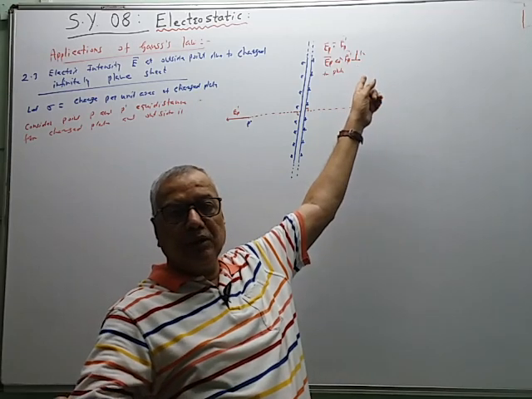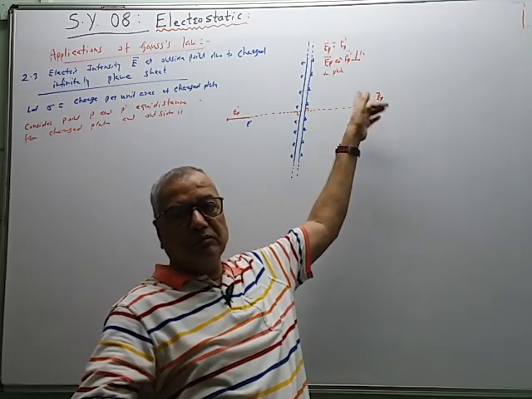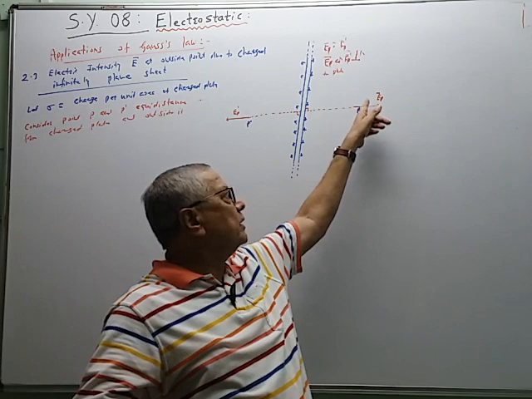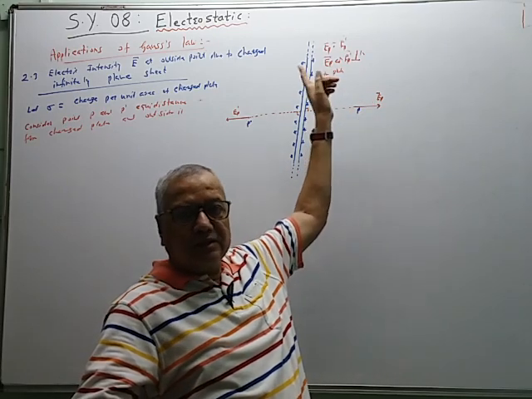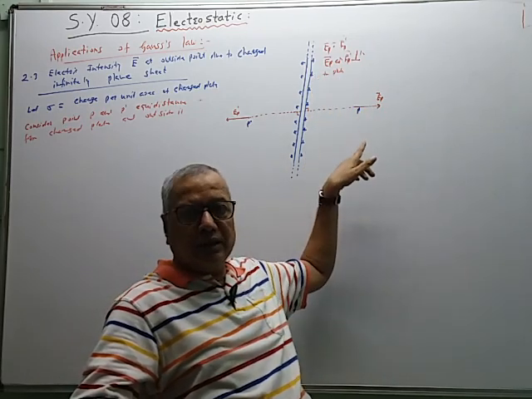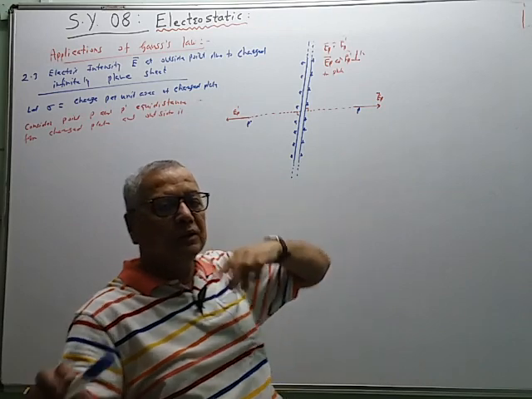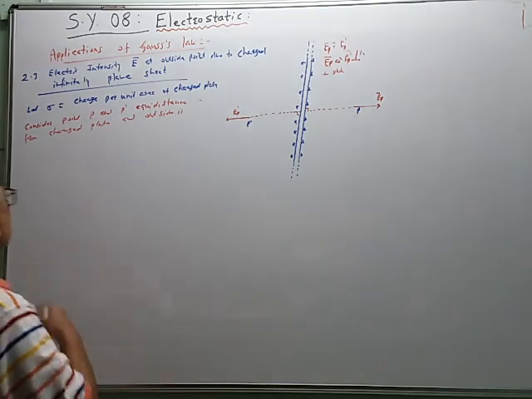Intensity at point P or at point P dash, both equidistant from the plane, is normally away because of the positive charge. For a negative charge, it would be normally toward the sheet. Now we go on to determine the magnitude.